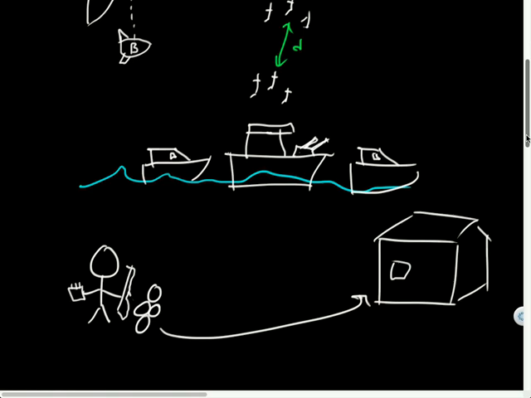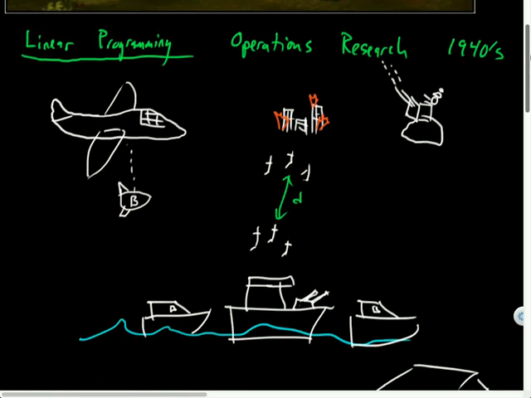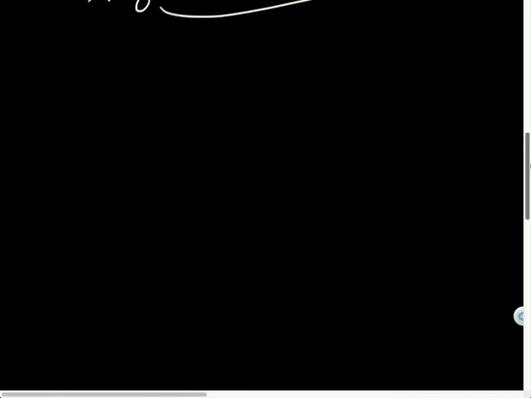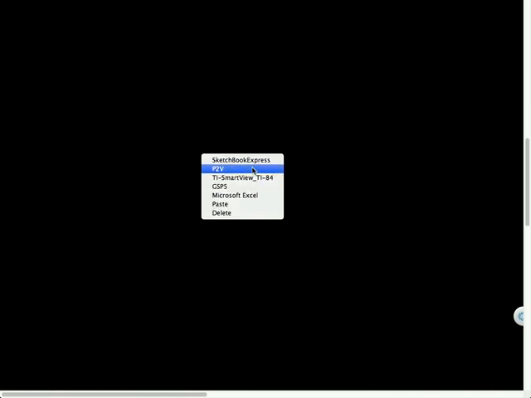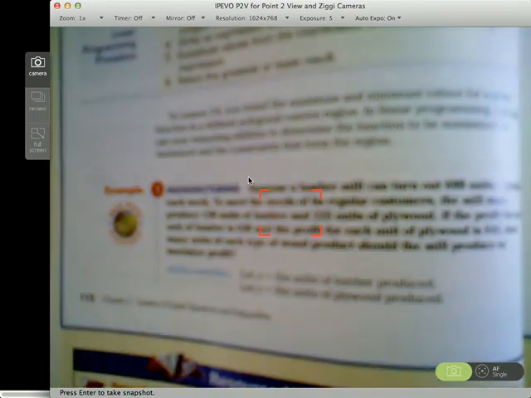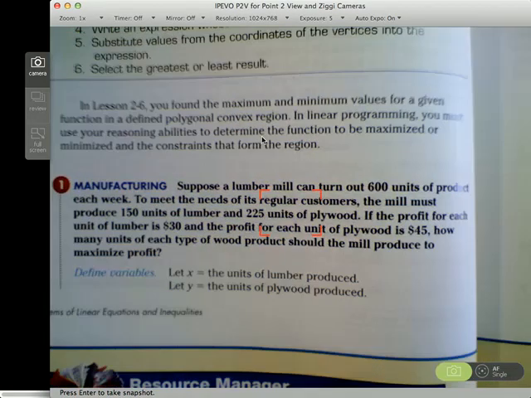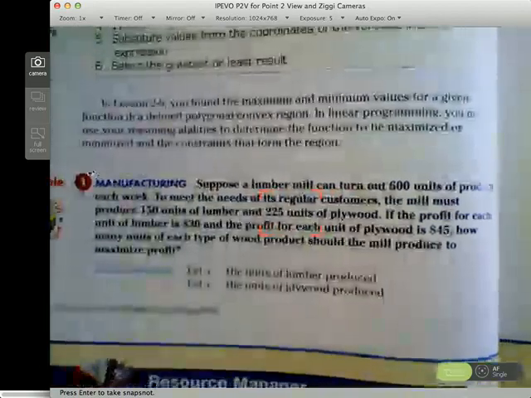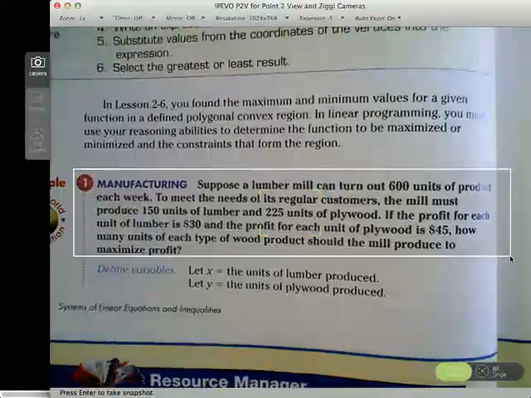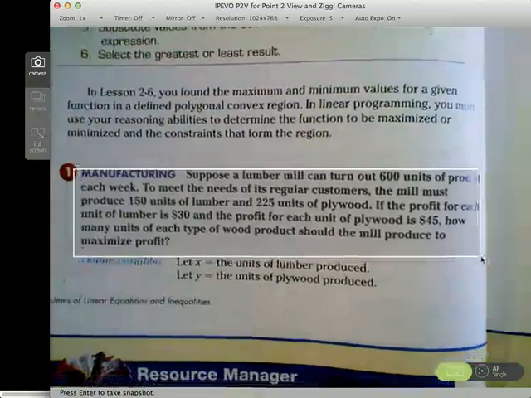All right, so this is the idea of operations research. You can tell I'm excited about this stuff. I love this stuff. So we are going to take a look at, let's see if I can get a non-blurry version of this problem. Got the blurries here. We're going to look at this primarily from a business perspective, as most of the problems we'll be doing.